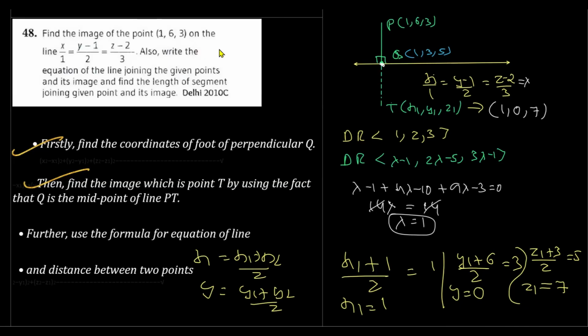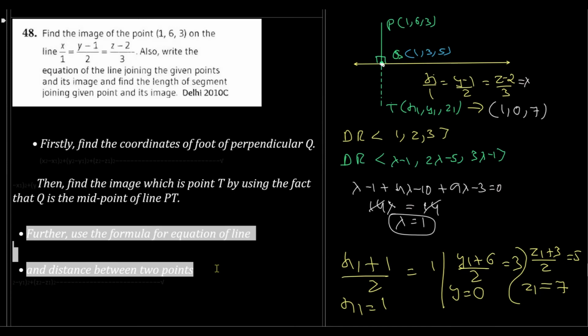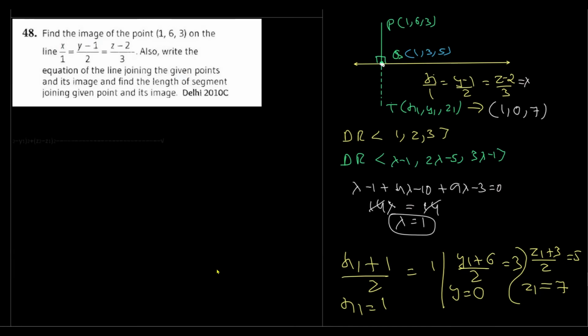So we got the coordinates of the image, and now we have to find the equation of the line joining these 2 points. Therefore I need to clear this space over here. We have used the algorithm, and now I'm clearing this part of the screen to obtain the equation of this line. This is the line whose equation I'm going to obtain.